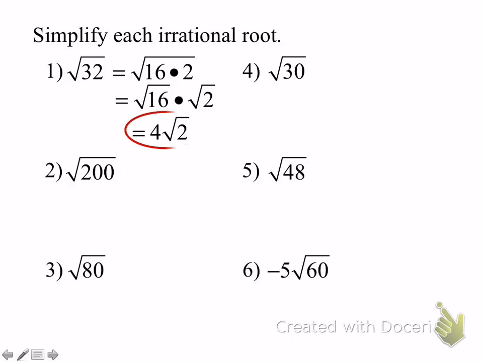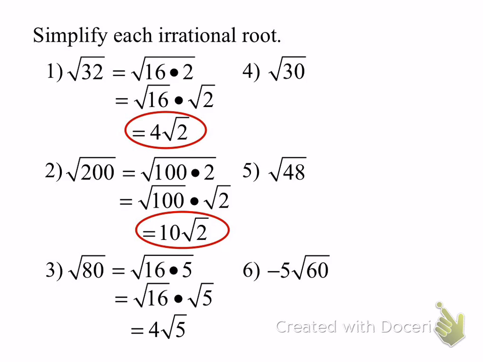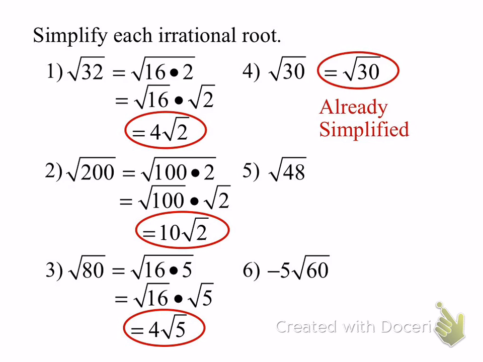Okay, I asked you to do number 4. What can we say about 4? Yeah. You said it was already simplified. It is already simplified. The factors of 30 are only 1 and 30, 2 and 15. None of those are perfect squares.